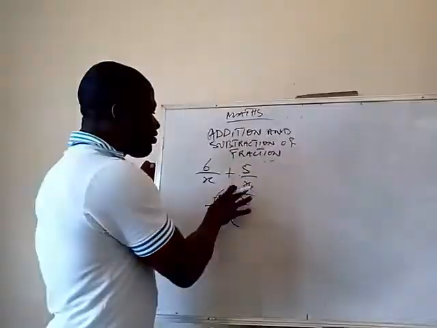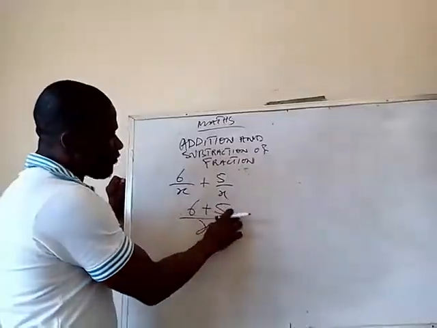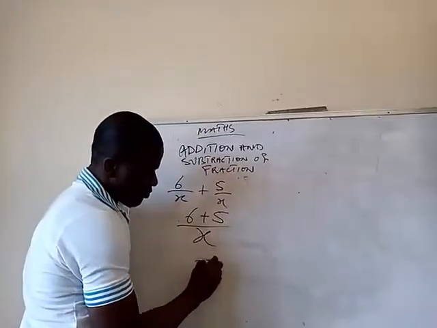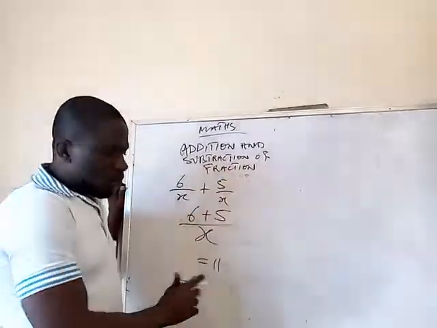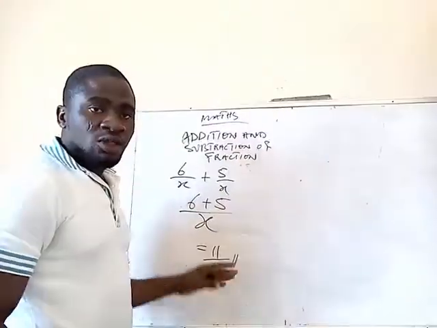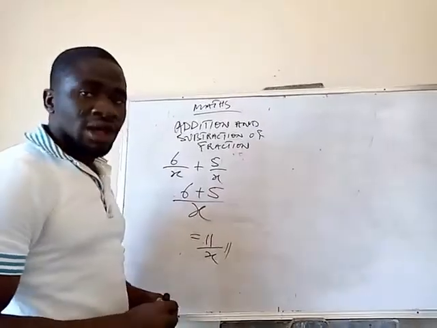You only do this when the denominators are the same. So 6 plus 5 will give you 11. You also bring down your denominator. You are done with this. There is nothing to solve again.